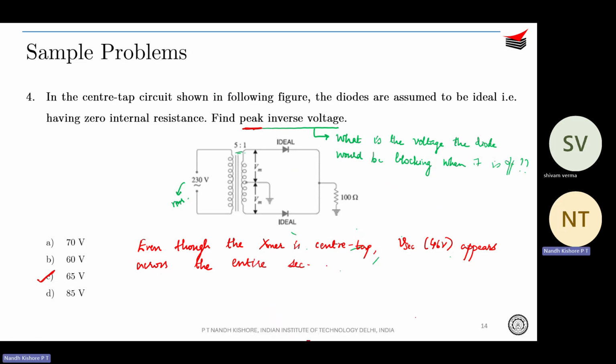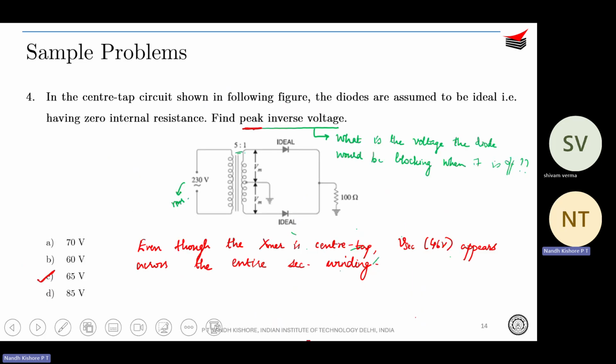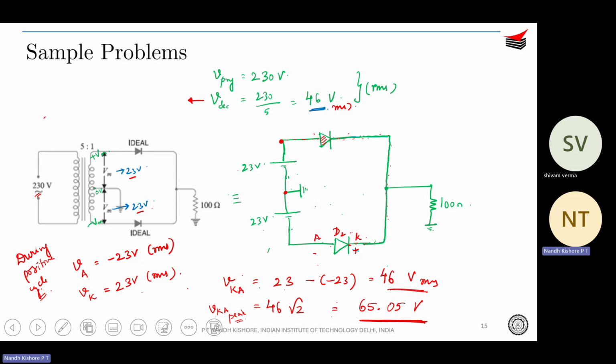This is something we need to make note of, remember. That is why individually it will get split into 23 and 23. Individually we get V secondary by 2. So I hope this clears whatever confusion we were having.